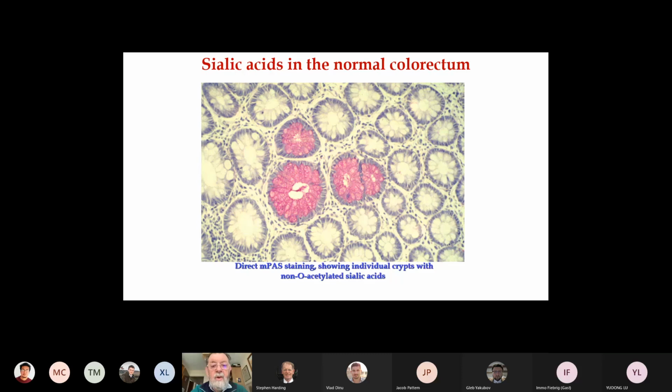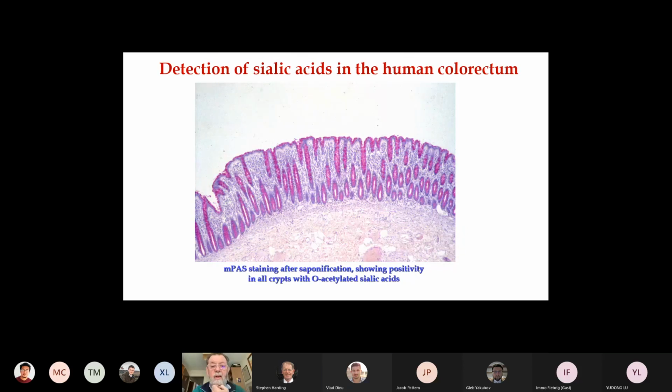Now, in order to detect all of the sialic acids, we do a mild saponification, about 30 minutes, 0.1 molar sodium hydroxide, and the next slide will show you what happens if we do that.